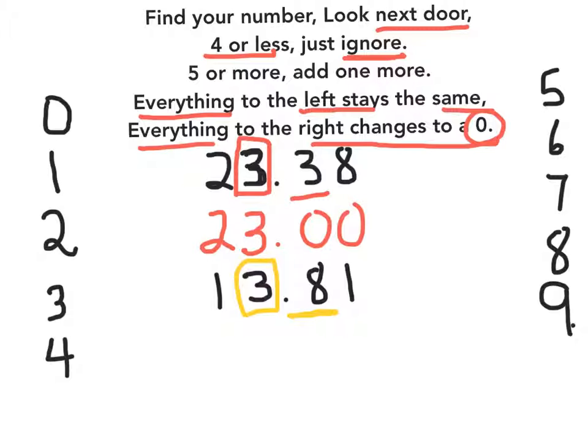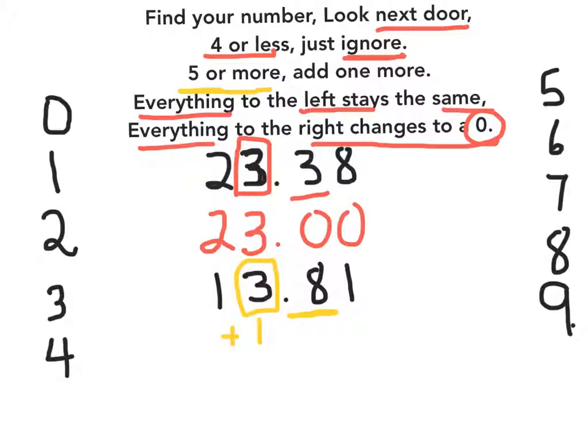4 or less, just ignore. It does not fall into this category. However, if we look over here, 8 falls into the 5 or more category. So add 1 more. So what are we going to do to add 1 more?